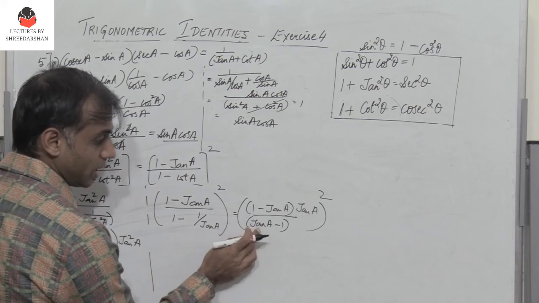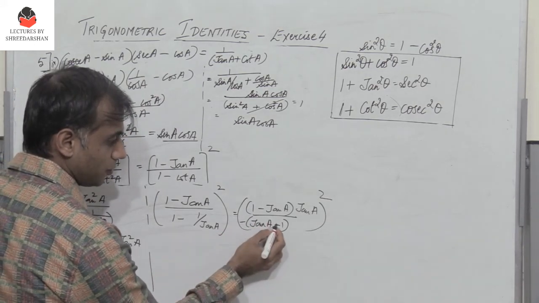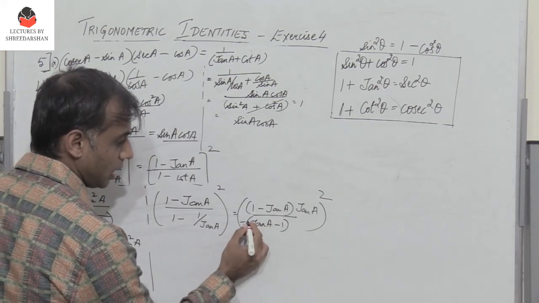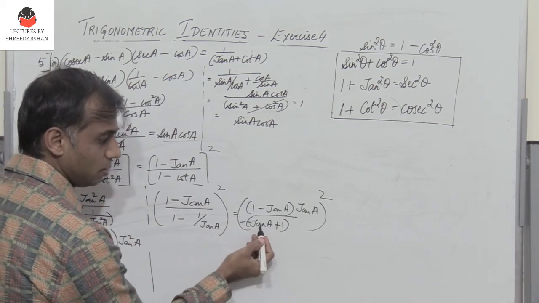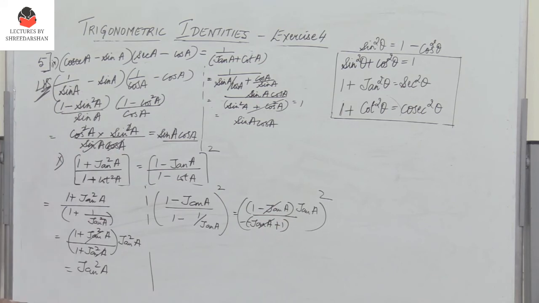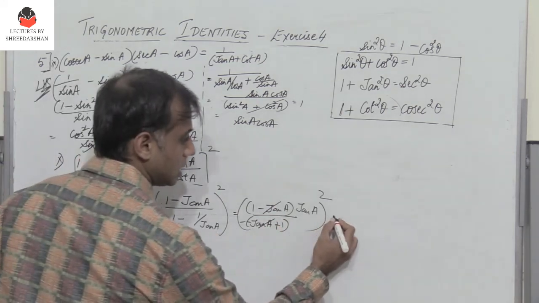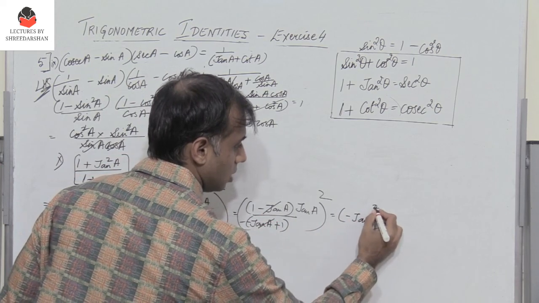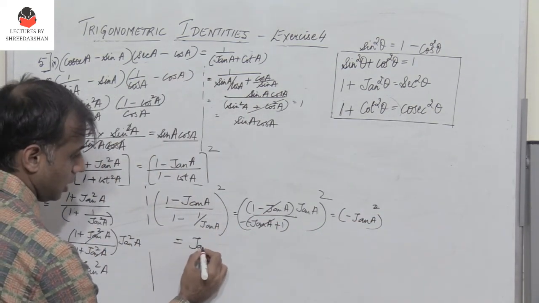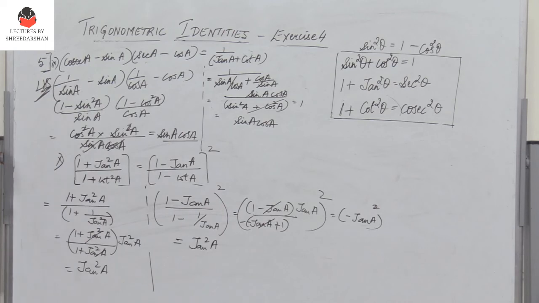Now this can be written as minus of 1 minus tan A, right? If I take the minus sign outside, I get 1 minus tan A. So these two can be cancelled. So effectively I get minus tan A the whole square, which is nothing but tan square A. So what have we done? We have proved that LHS is equal to RHS.